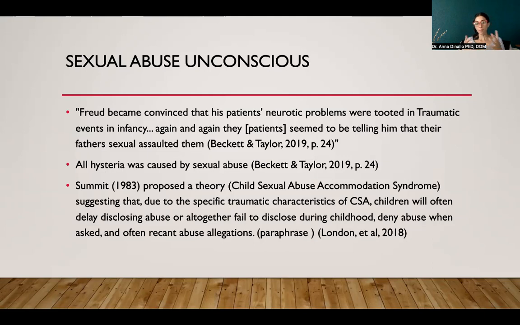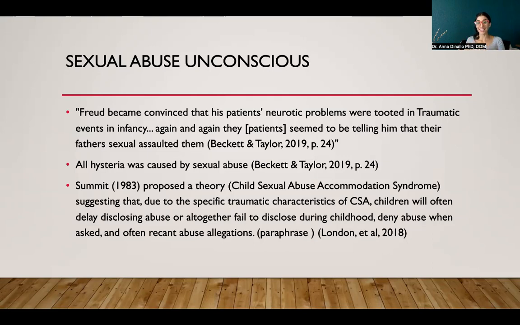And so Summit had this theory that was proposed in 1983 called child sexual abuse accommodation syndrome, that suggested that we actually deny cognitively, psychologically, that the experience even happened, and we don't remember it because we get so advanced at repression that we don't know what happens, but it's going to keep making us sick via nervous system responses like sweating or night sweats or anxiety or panic.